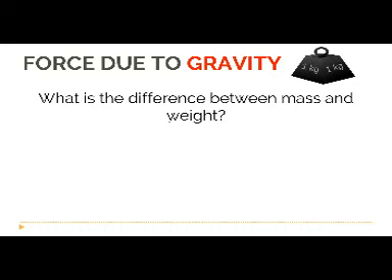But the weight of a person or an object changes as the gravity changes, since weight is directly affected by gravity. So the difference is that weight is directly affected by gravity, while mass is not.